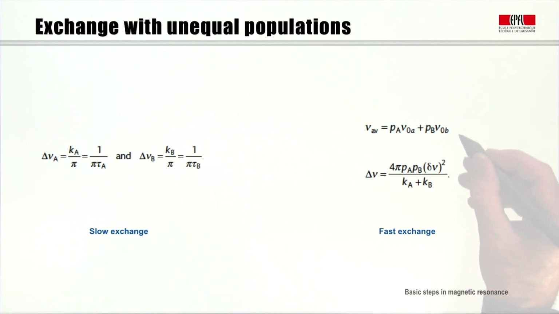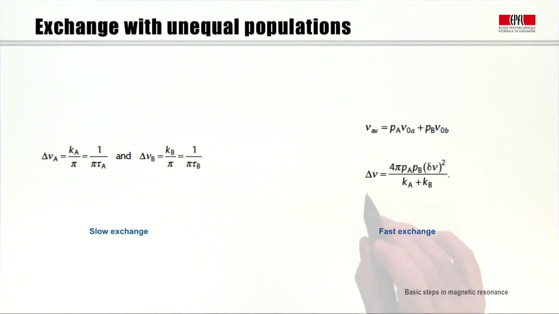Furthermore, we have this average population, which, as I said, is weighted by the populations, and this is a somewhat more scary equation where we have the residual line width in the high temperature limit, in the fast exchange limit. And here we see that, much like in the case of a symmetrical exchange, it is still proportional to the square of the difference in chemical shifts, and therefore if we double the field, this delta nu parameter will be multiplied by a factor 4 like before.